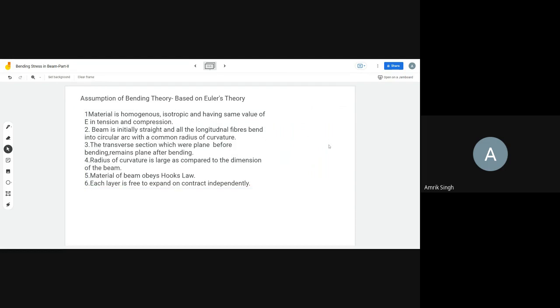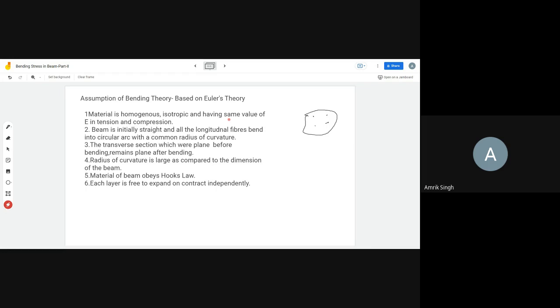So the material is homogeneous, as I told. Homogeneous means suppose we take any body. If we calculate the composition here or here or here, it is the same. Then the material is homogeneous.